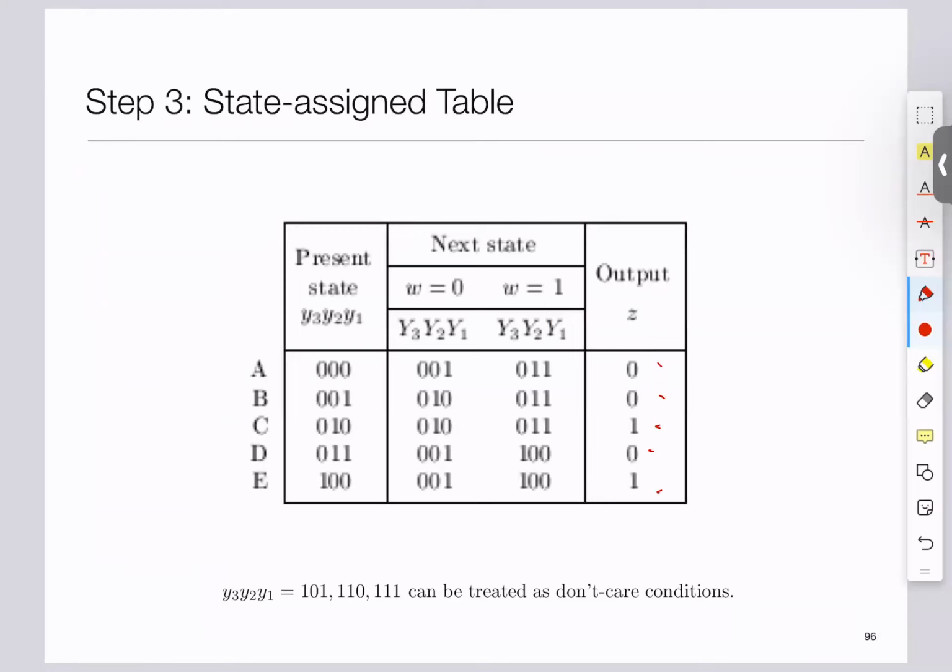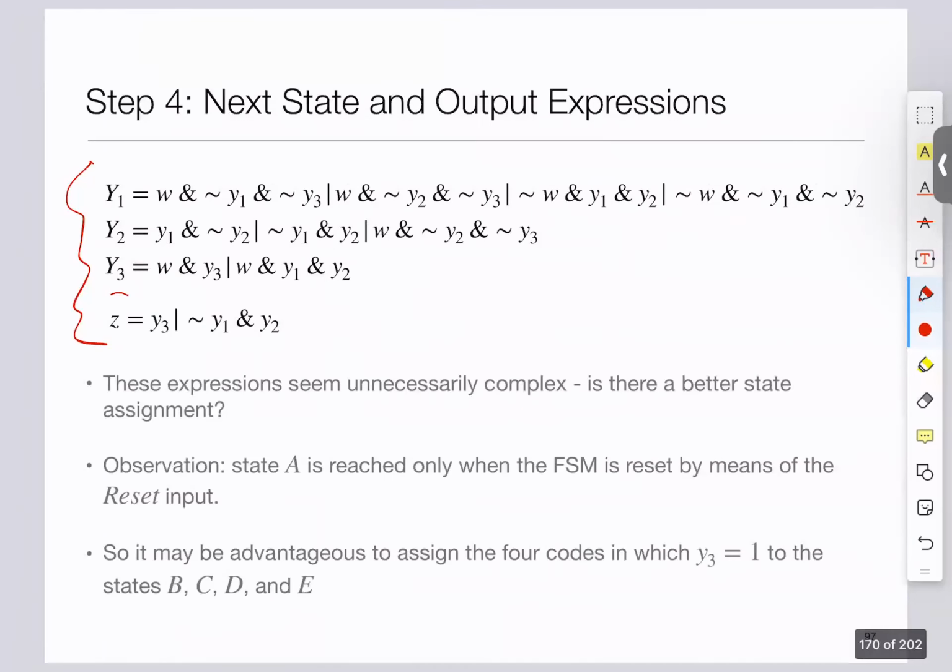And if I look at my state registers, present states, if I look at the first bit, it's 0, 0, 0, 1. So y3 is not equal to Z. What about y2? y2 is not equal to Z, and y1, they are not. So none of the state bits are the same as Z. So in this case, Z requires some combinational logic on top of y1, y2, y3, and indeed we had this equation.